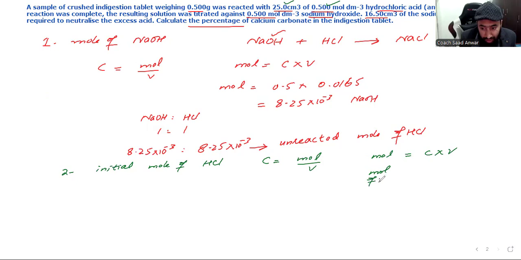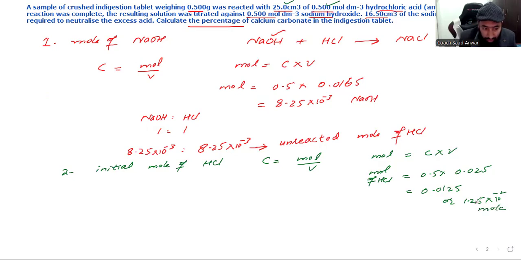This is the initial moles of HCl. Concentration is 0.5, volume is 25 cm cube. So you have to divide 25 by 1000 first. You have now 0.025. When you multiply this with 0.5, I'm using the calculator side by side, I will be getting 0.0125 or 1.25 into 10 raised to power minus 2.